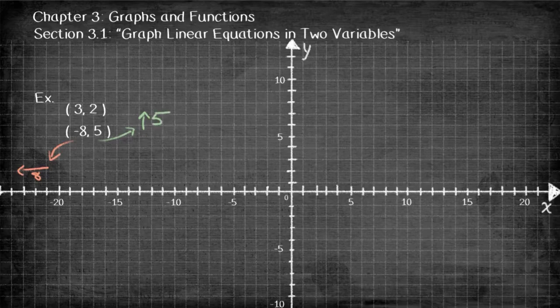So starting at the origin, I want to move left 8 units. So I'm here. And also from the origin, I want to move up 5 units.